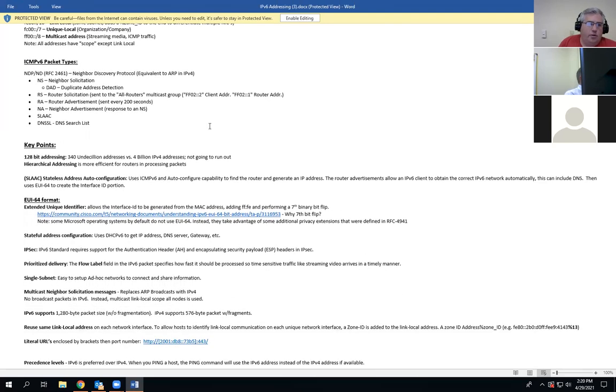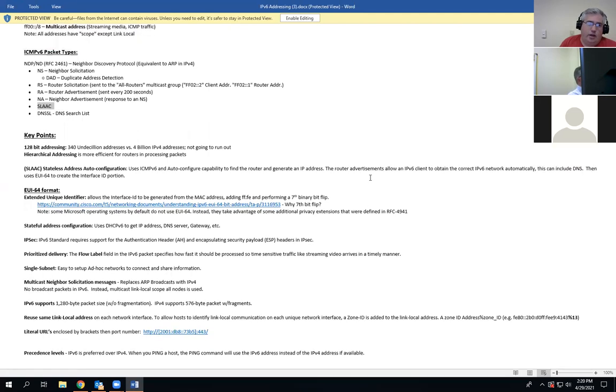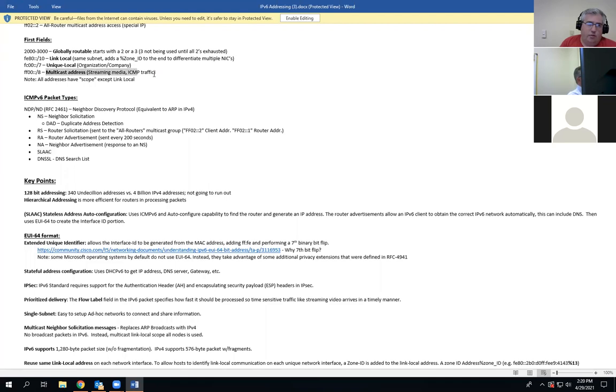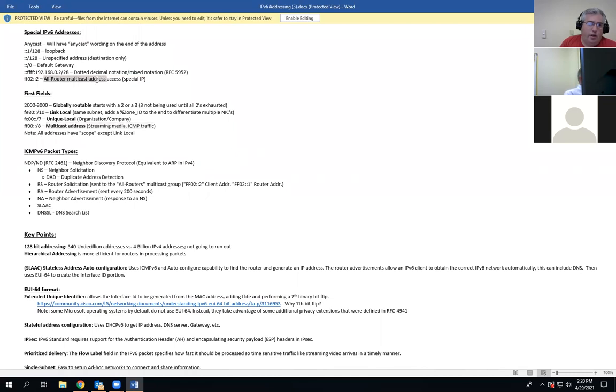And then we talked about SLAAC, which is stateless address autoconfiguration. It allows you to not have a DHCP server, and you'll still be able to get a routable IPv6 address with your computer, just using the MAC address of your computer and an all-router multicast address set up on your router.